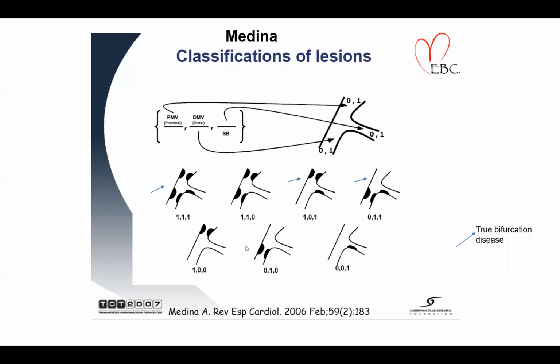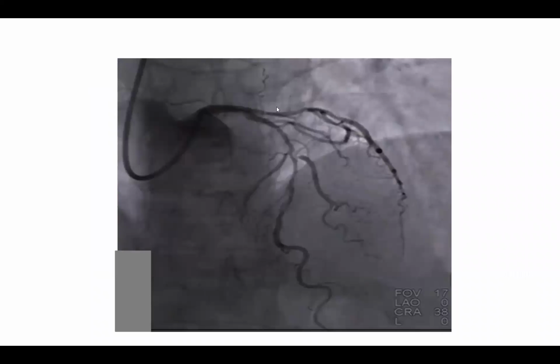So I hope everybody understands that simple classification and what we call true bifurcation. I will elaborate more about the classification in a little bit. This is, for example, an LAD diagonal bifurcation stenosis, and this is what you call 1-1-1 true bifurcation.